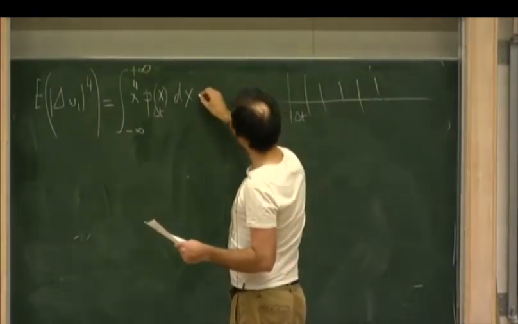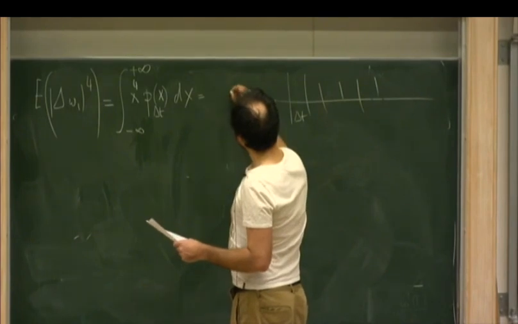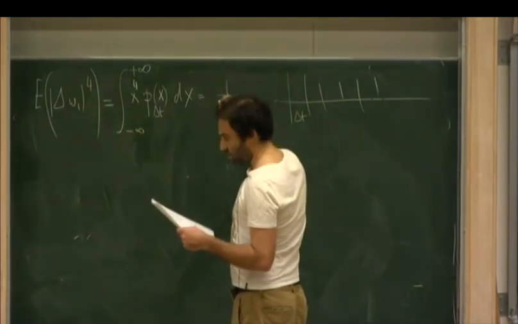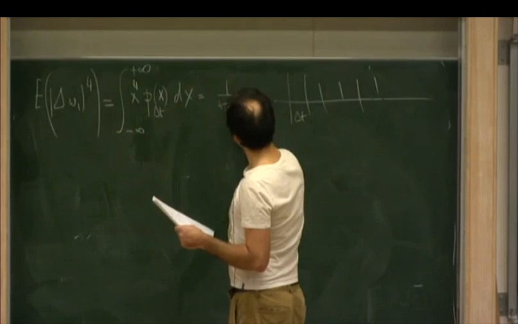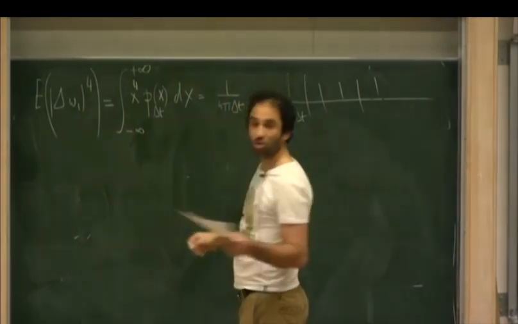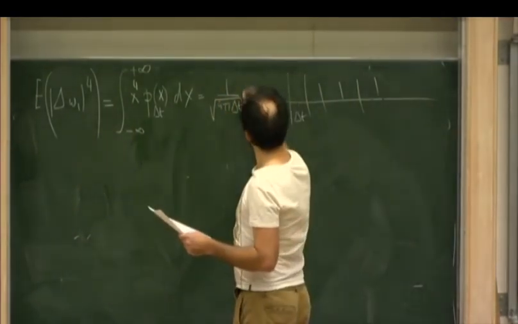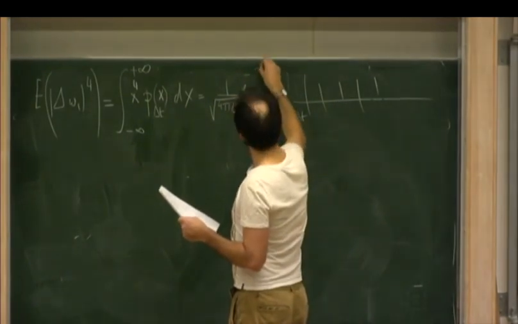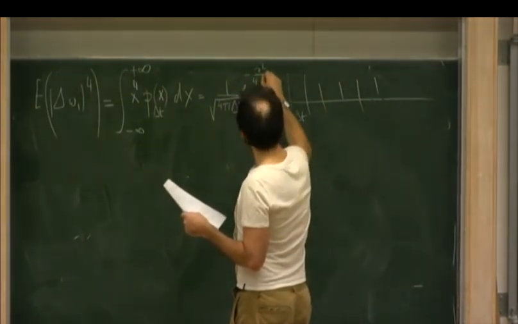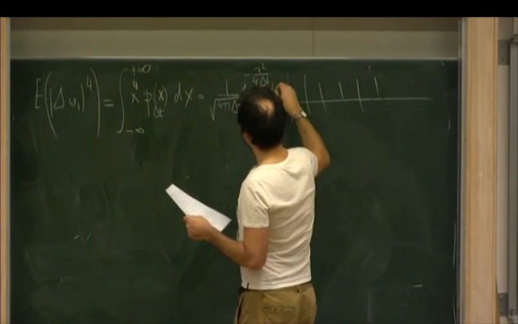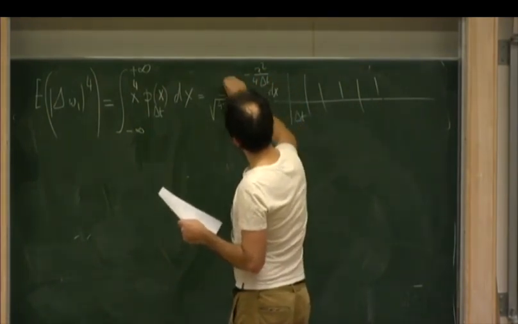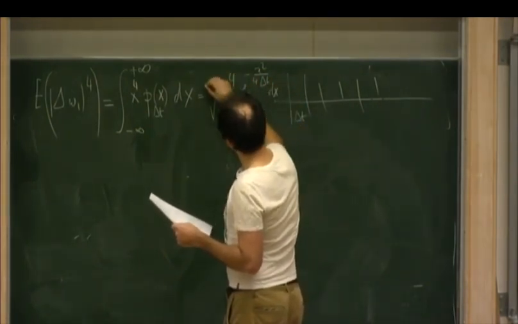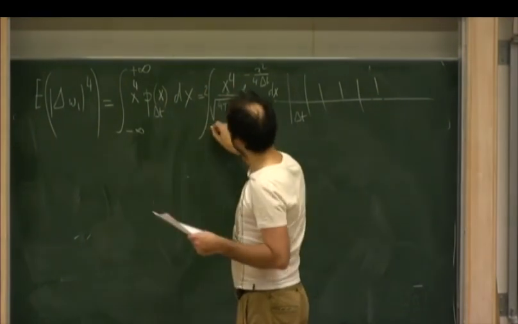So then this is what? In dimension 1, this is 1 divided by the square root of 4 pi delta t, since we said the diffusion coefficient equals 1, times exponential of minus x squared divided by 4 delta t. And then we have to integrate dx, x to the power 4. And this is twice the integral from 0 to infinity, because it's symmetric.